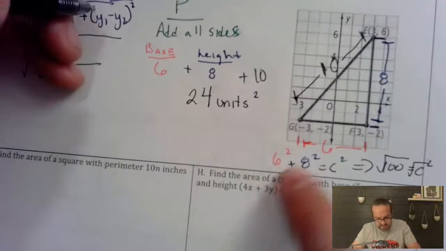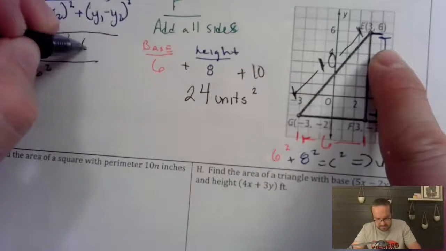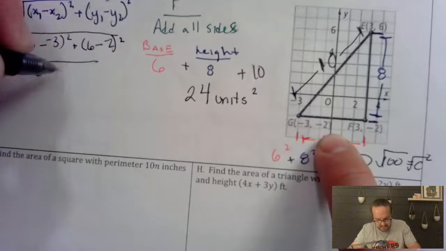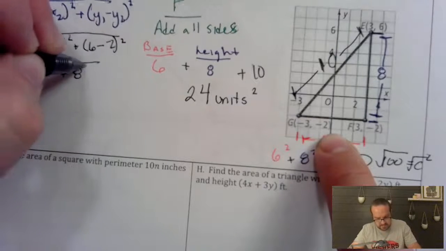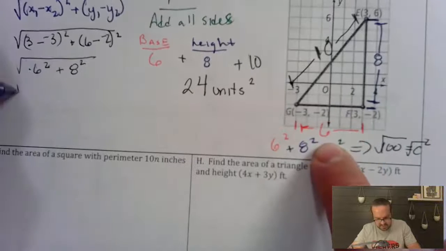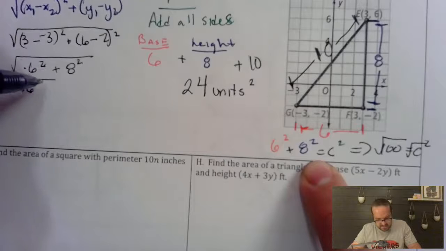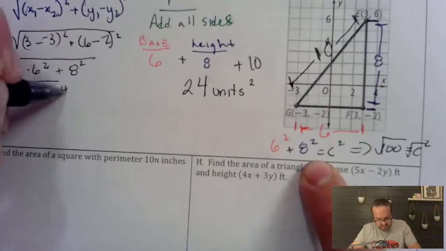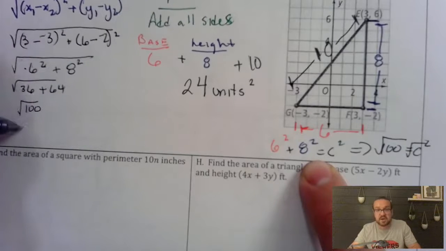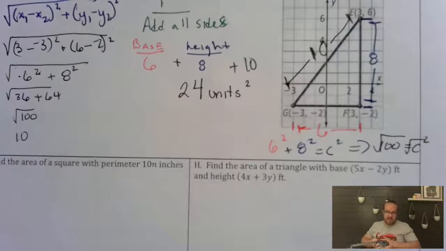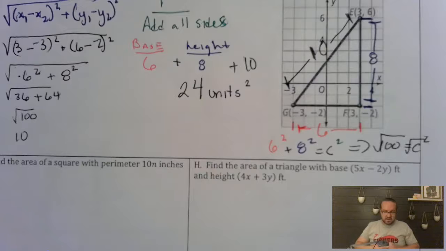For the y values, it would be 6 minus -2 squared, or just 8 squared. Right? So there's my 6 and my 8 squared. There's my 36 and my 64, or just 100, excuse me, the square root of 100, or just 10, right? So we get 10 either way. Okay? So that's what we're looking at here using that information.